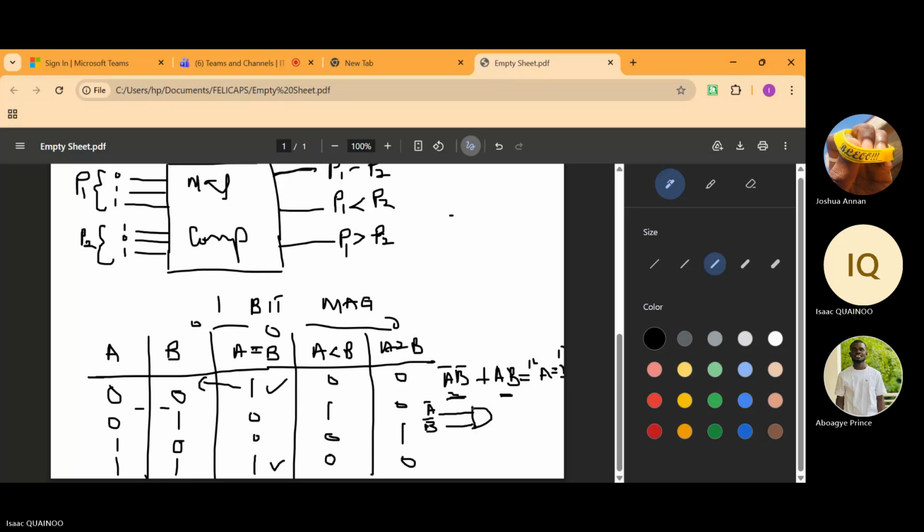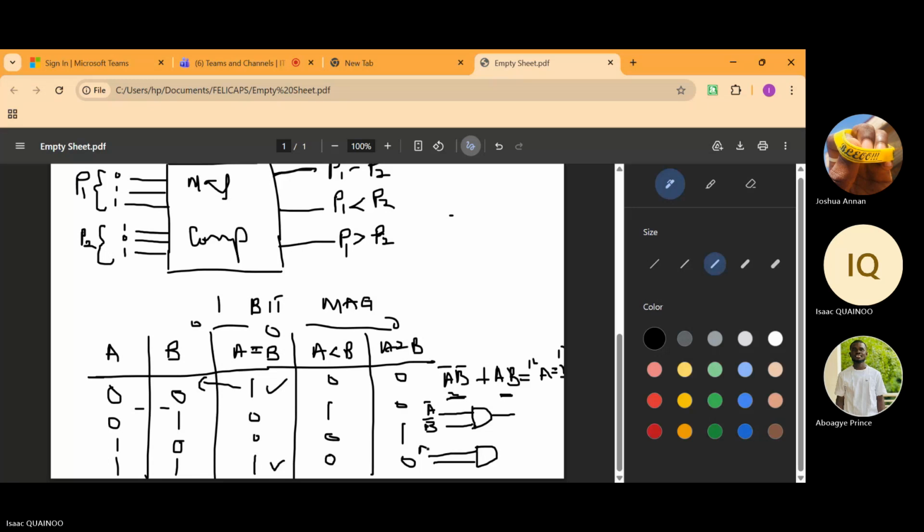So you have A bar and then you have your B bar. So the outputs of that, and then we have a second AND gate for A and B. Here the inputs are A and B.